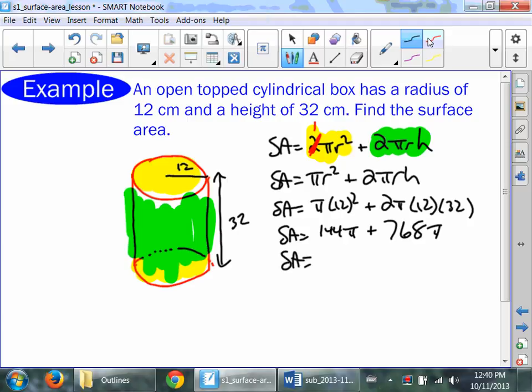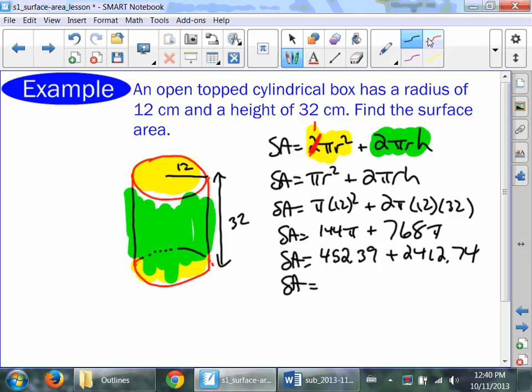Now, we'll use the pi button and figure out what these are. Pi times 144 is 452.39. Plus pi times 768 is 2,412.74.